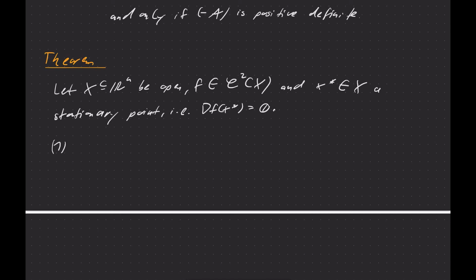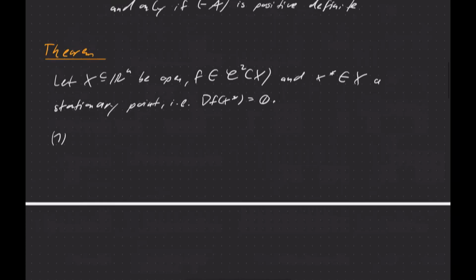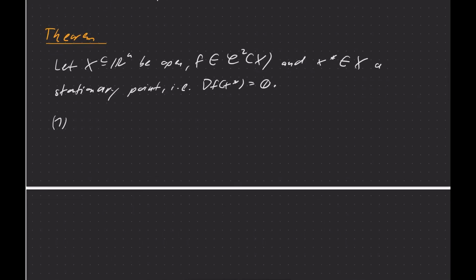Then the following are true. First, if x star is a local minimizer, then the Hessian is positive semi-definite. It could still be 0, but if it's not, it cannot be negative definite. Okay? So that's the easy direction, so to say.